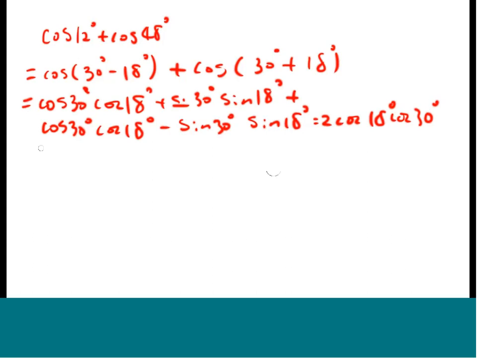Same thing, sine 12 plus sine 48 is going to be twice cosine 18 sine 30.